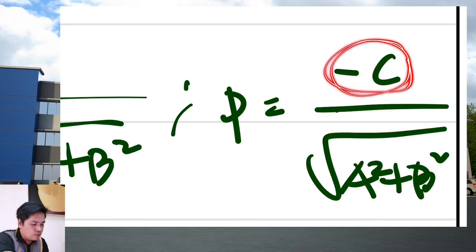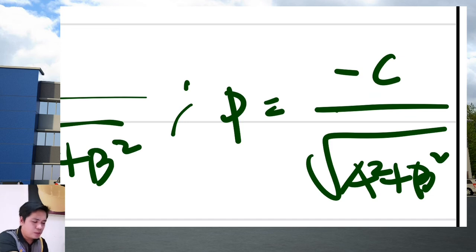Then, yung negative C kasi, remember that P is a distance. So, distance should be absolute value. Pero bakit significant yung negative C dyan? Yung value kasi, if it's positive or negative, that indicates if the line is above the origin or below the origin.